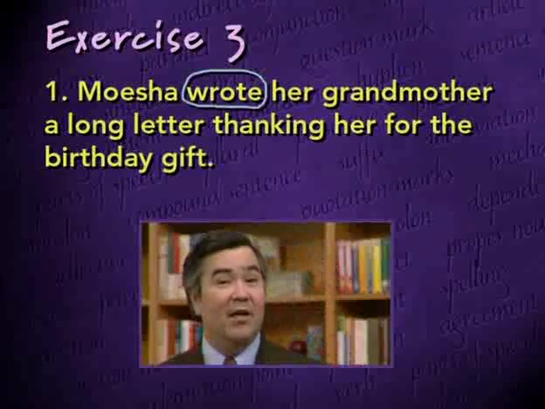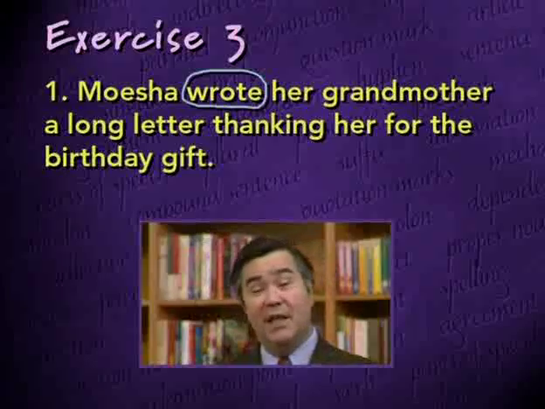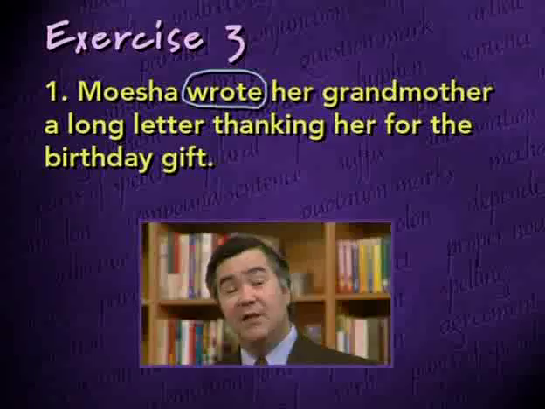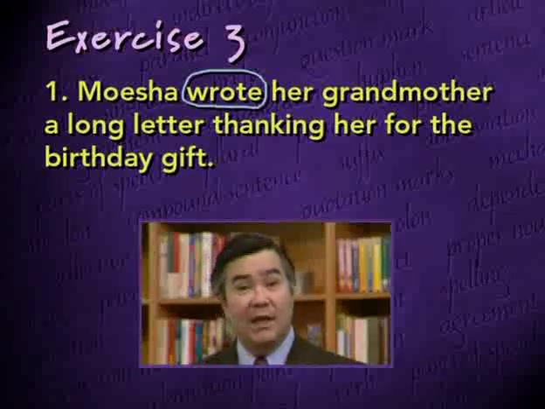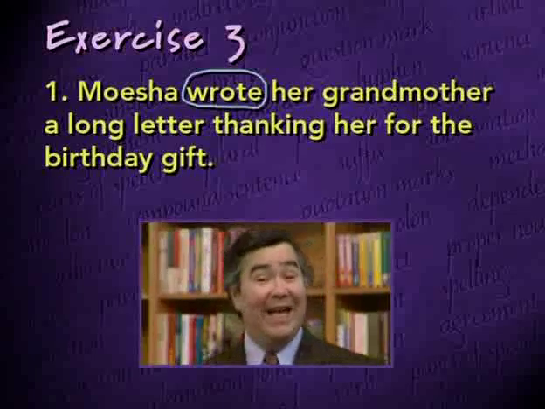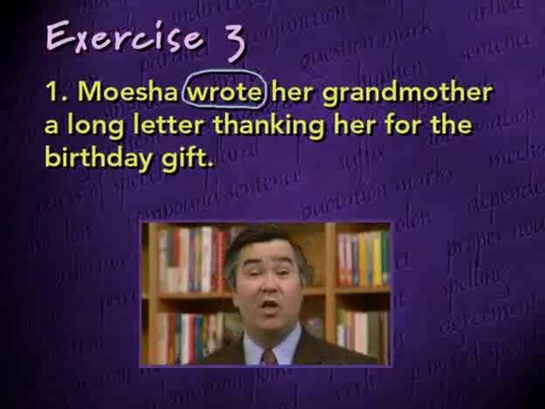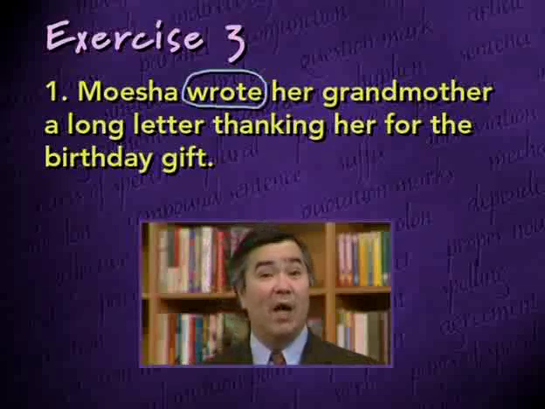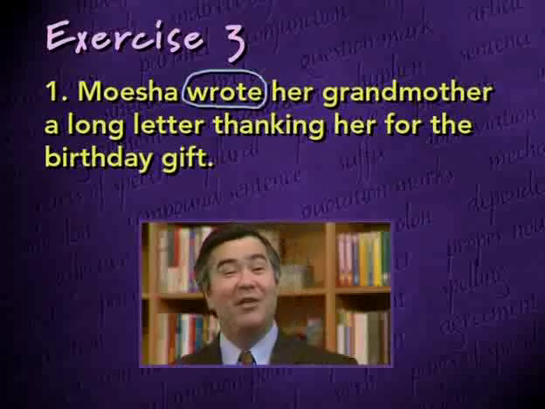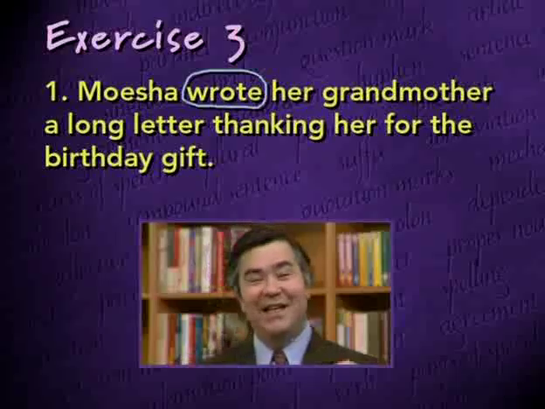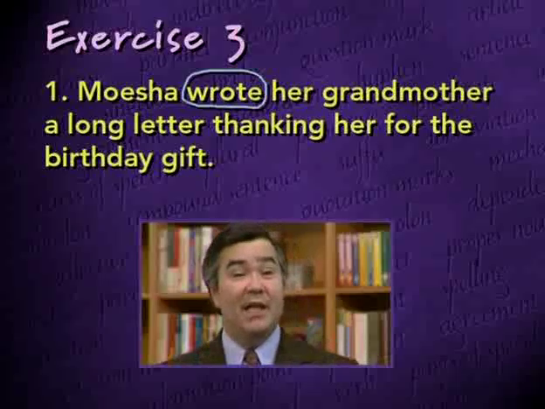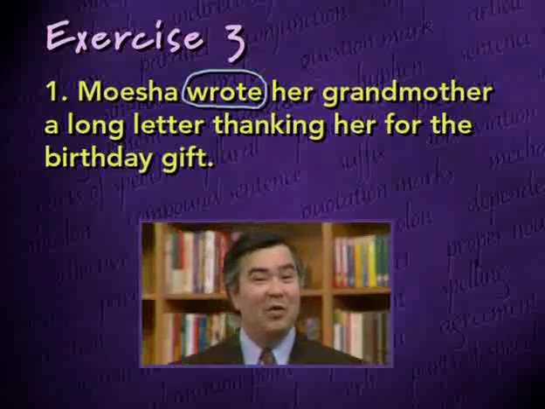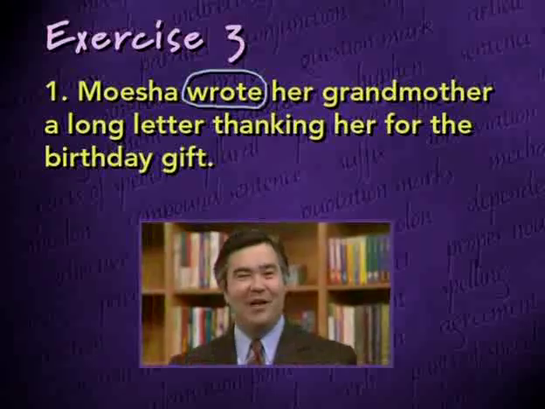Now, is there a direct object? That is, is there something in the sentence which tells us what Moesha wrote? Something that receives the action of the verb wrote. Yes, what Moesha wrote was a letter, specifically a long letter. So the word letter is the direct object of the verb wrote. It tells us what Moesha wrote. Now the tricky question, is there an indirect object? That is, is there something in the sentence that tells us to what, to whom, for what, or for whom the letter was written?